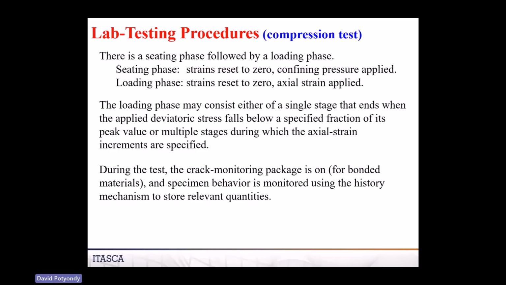So you can control the platens by specifying increments of strain, or you can just run it automatically and have it stop at some point. During this test, we turn on crack monitoring if it's bonded materials, and there are all sorts of histories being monitored and plotted.